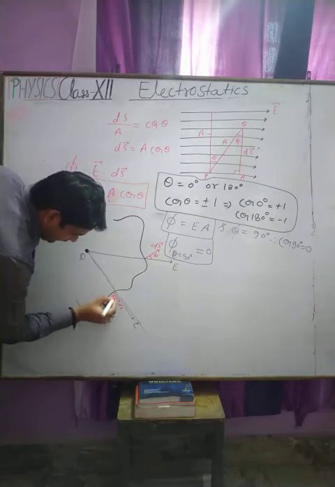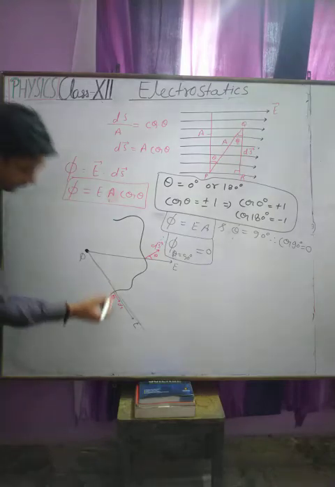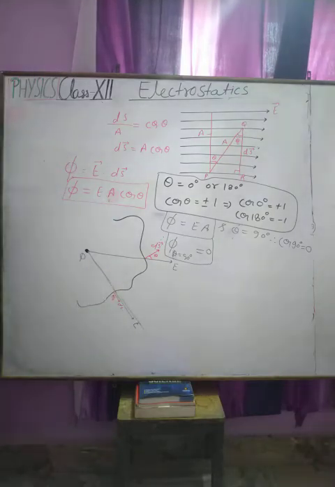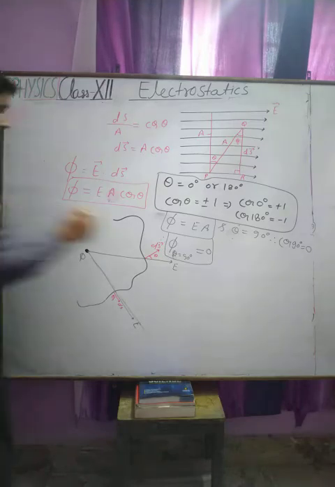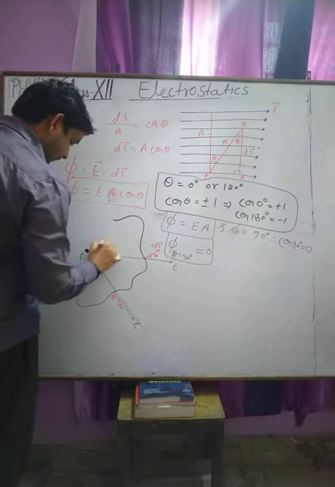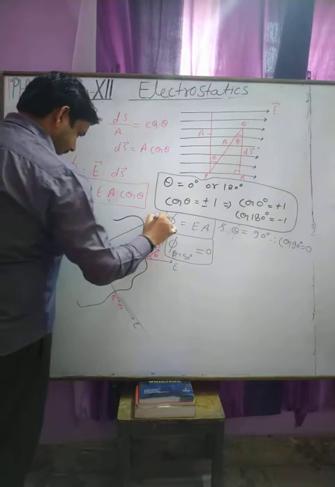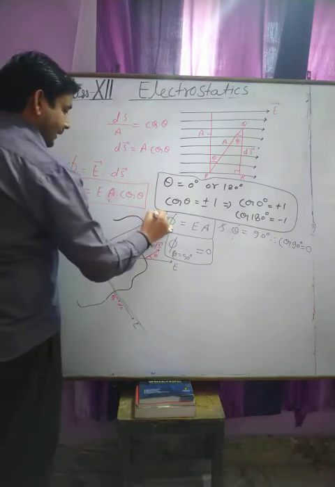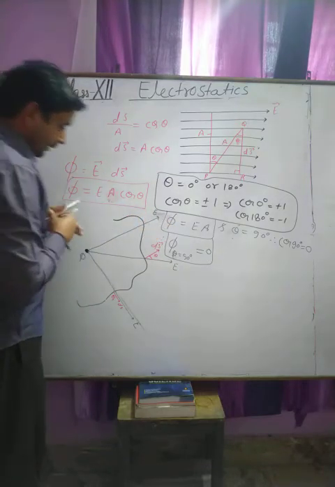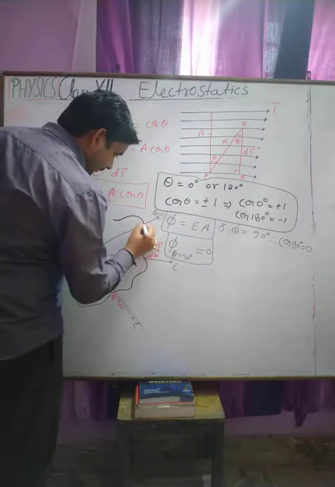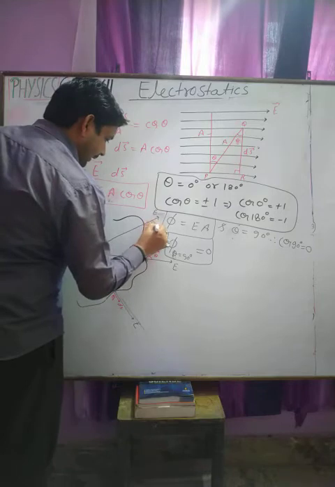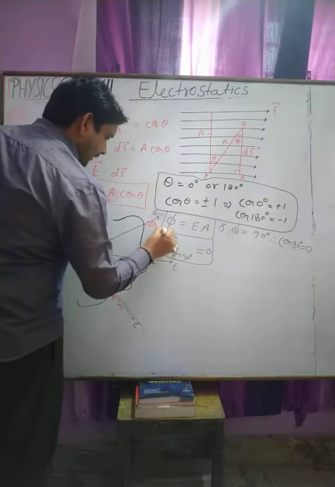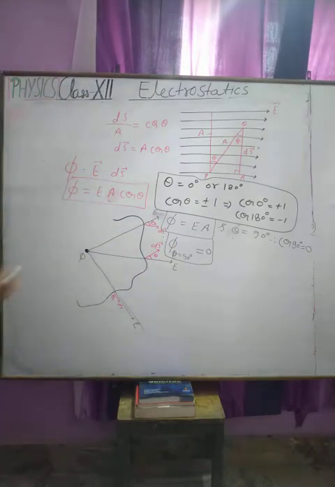This is the angle between the area vector and electric field. And for this surface, this is the electric field, and normal to the surface is the area vector. This is the angle theta 2. Okay student, then we can calculate this.